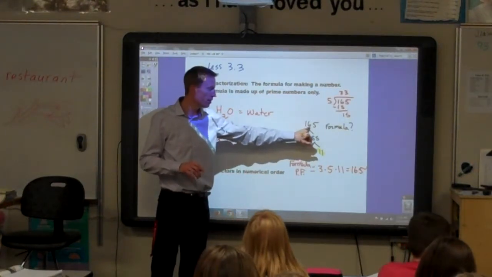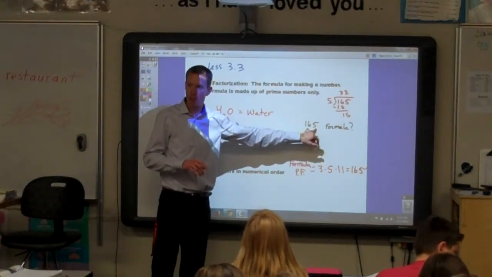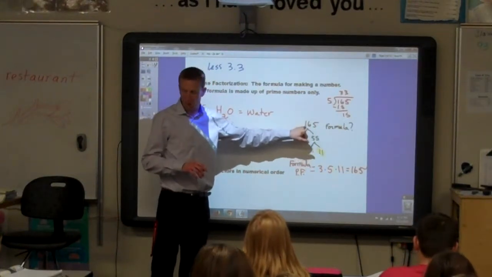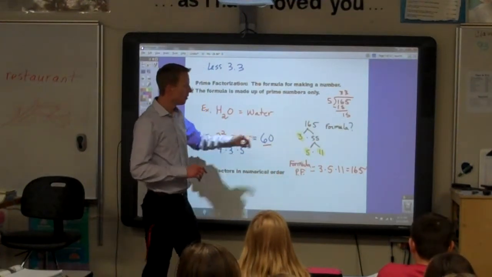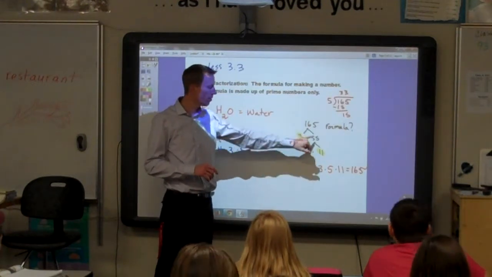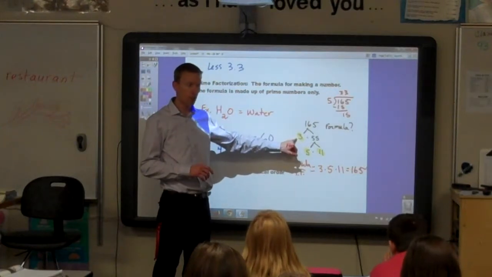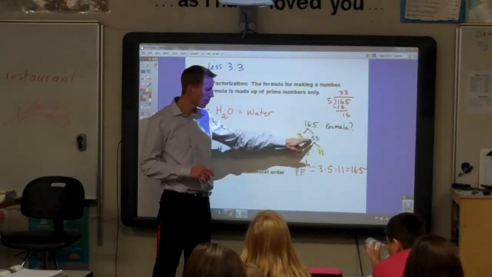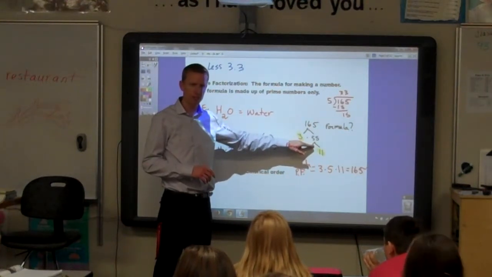Because 1 plus 6 is 7, plus 5 is 12. 12 is divisible by 3, so 165 is divisible by 3. If we divide 165 by 3, you'll get 55. 3 is a prime number, so 3 goes into that. But 55 is not. We have to keep going. We have to keep factoring.